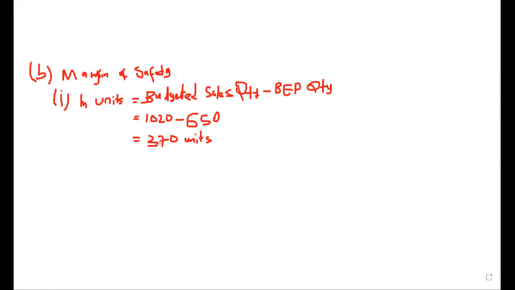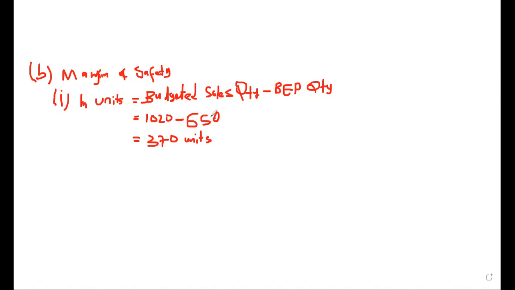But if we are selling less than 370 units, then there's a possibility that we are going to be making losses as a company, because the break-even point units are 650.